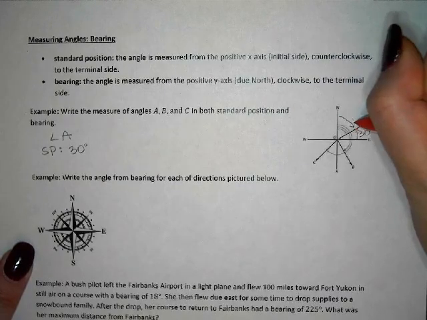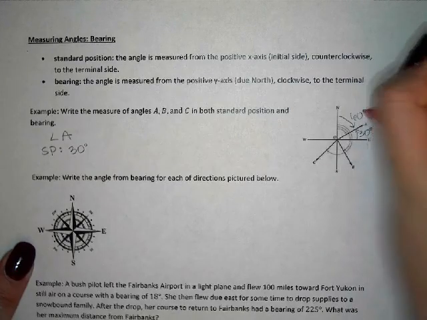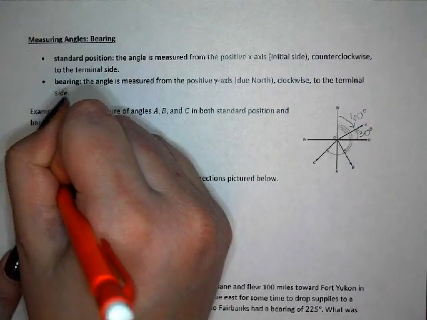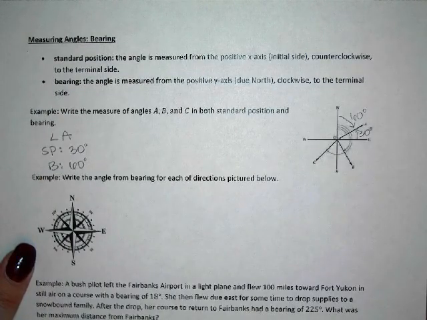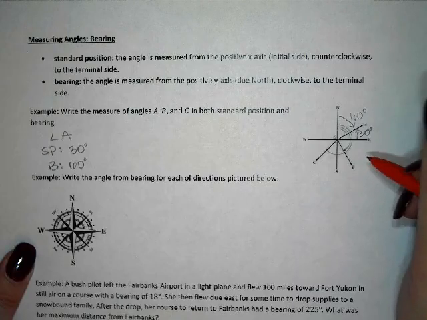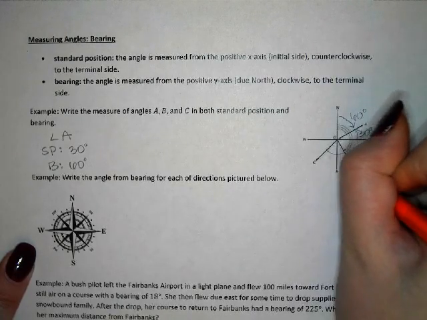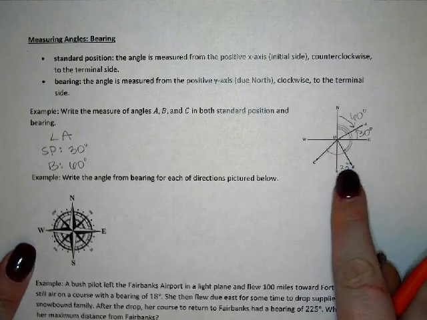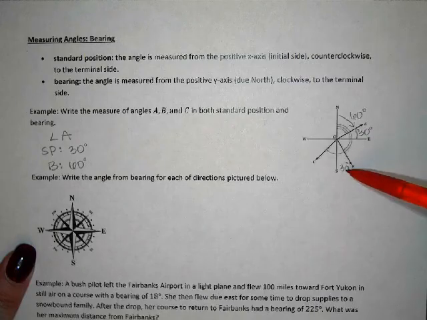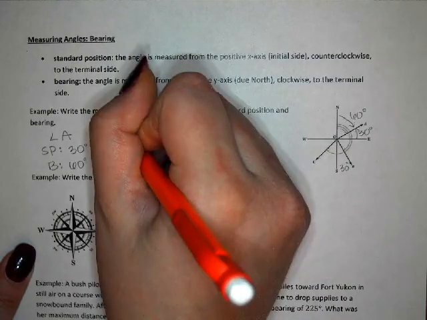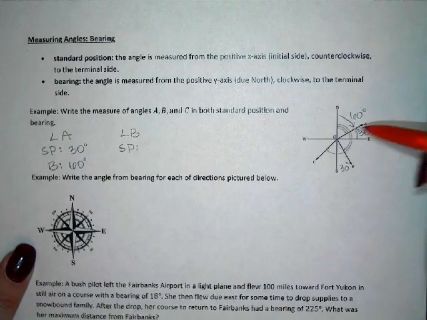All right, for angle B, if you had 30 degrees from here to here, then if we were to talk about this angle from the standard position, let me write this down, angle B, standard position. We would say this is 90, 90, 90. That's 270 degrees, plus another 30 degrees.